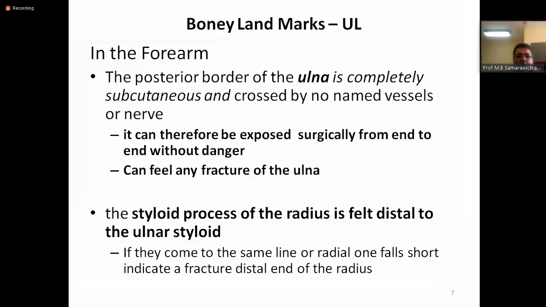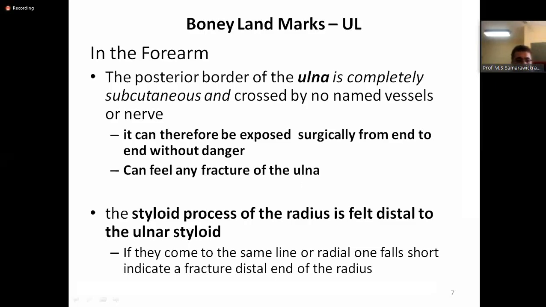Then at the elbow region, the olecranon process and the two epicondyles, medial and lateral, form a triangle. A supracondylar fracture lies above this triangle, so the triangular relationship remains. In dislocation of the elbow, the olecranon comes more or less in line with the epicondyles, so it distorts the triangle.